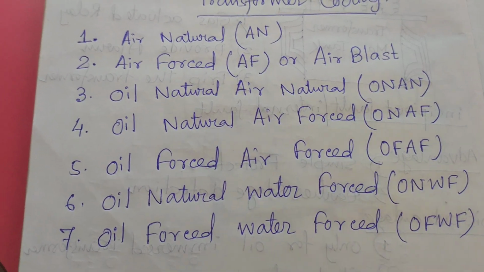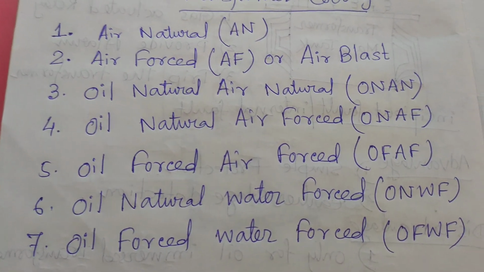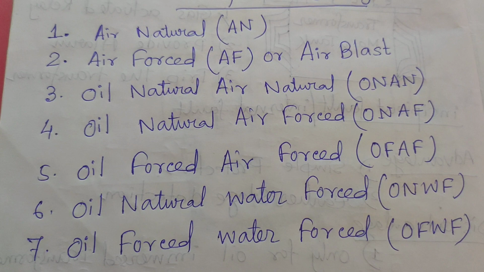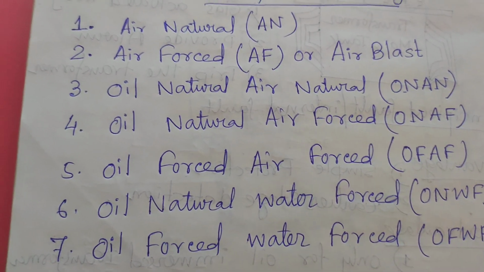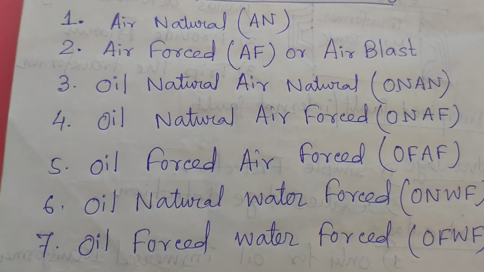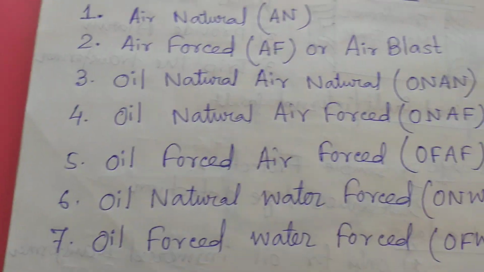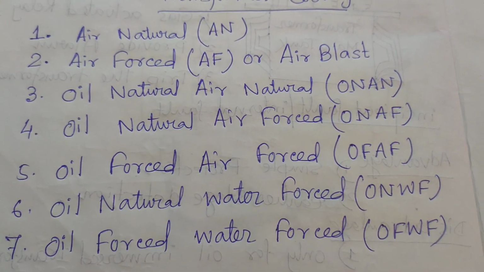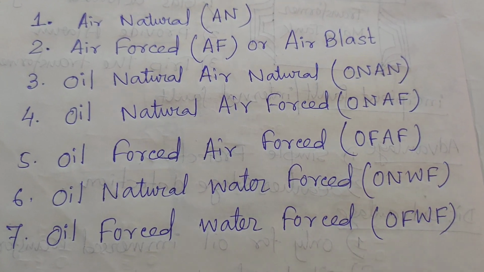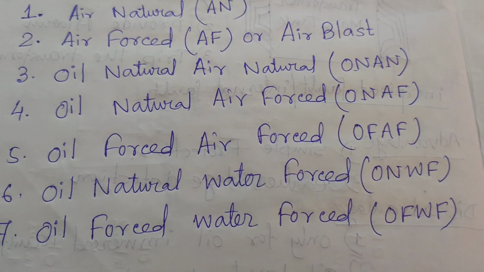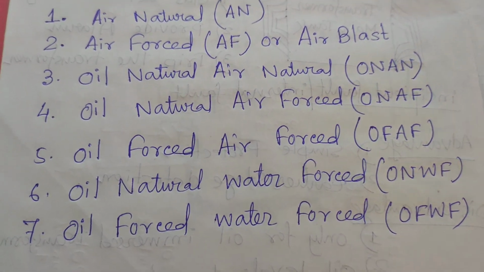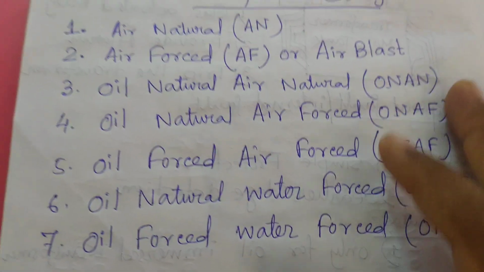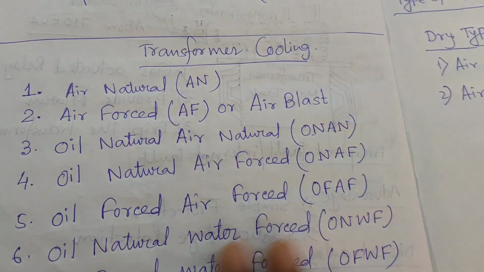Then the pump circulates all the oil inside the transformer. If you circulate heated material throughout the surface, the heat will be evaporated quickly. This is the most important, called the oil forced procedure. The pump is used for the oil forced procedure. These are all the procedures used for cooling transformers.